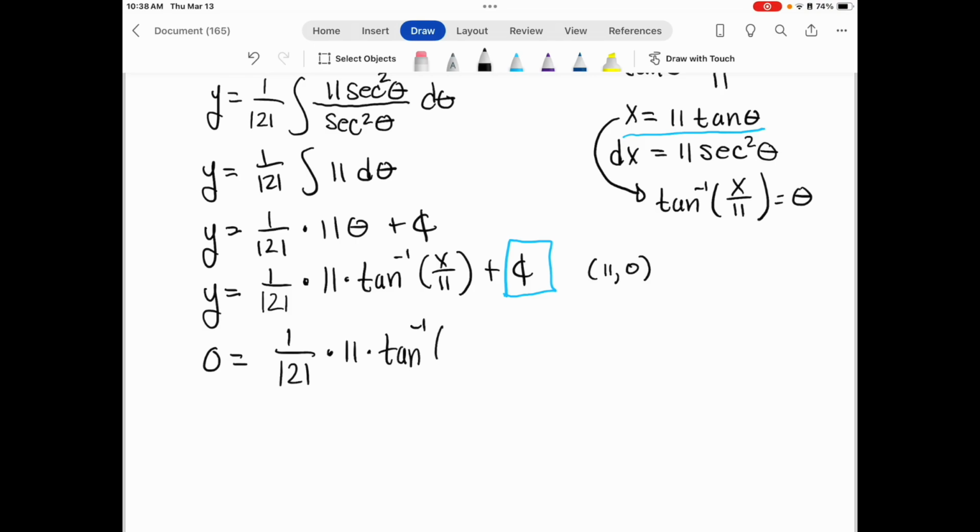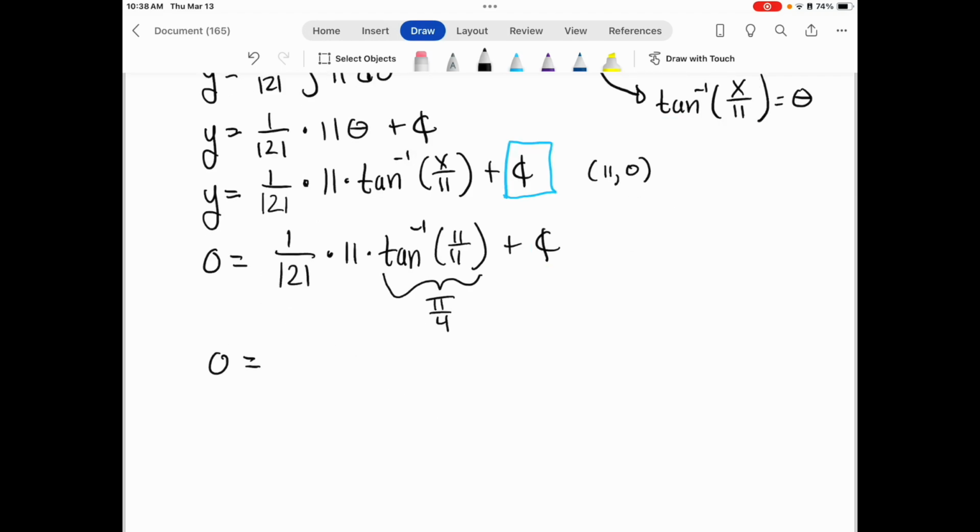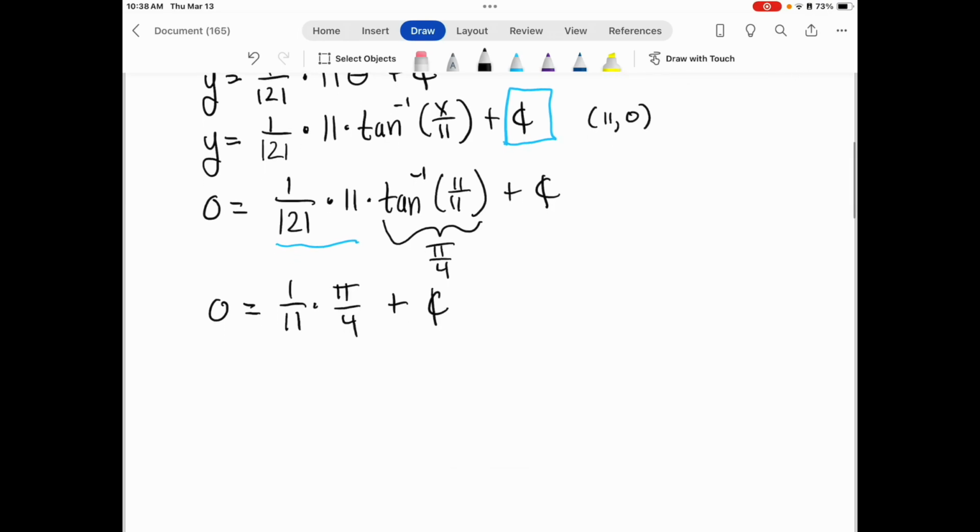I'm going to have inverse tangent of 11 over 11, plus c. This is equivalent to pi over 4. So we get 0 is equal to, now 11 over 121, this right here, I can simplify as 1 over 11, times pi over 4 plus c.